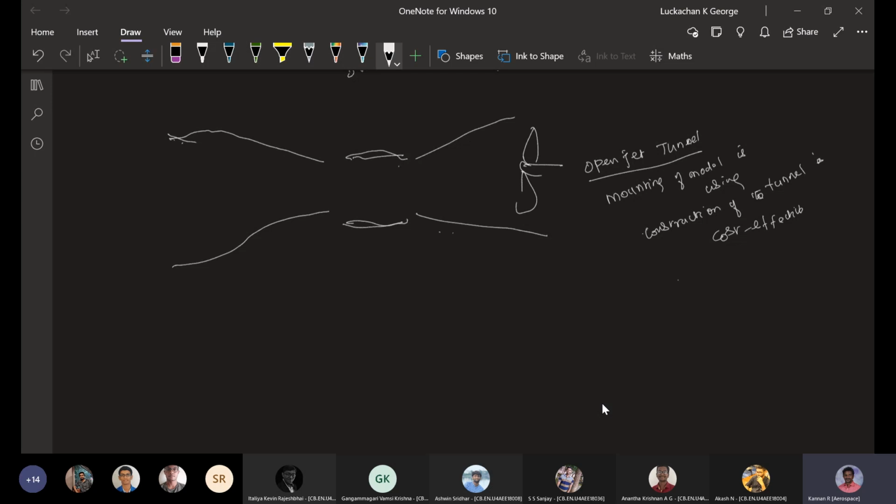So for maintaining that, they will go for a breather, for controlling the flow entrainment into the test section from the atmosphere.